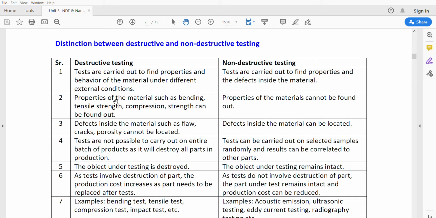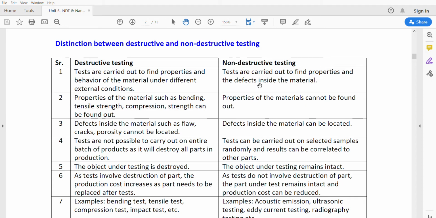The second point is the properties of the material. In destructive testing, properties such as bending, tensile strength, and compression strength can be found out. In non-destructive testing, we cannot find the properties of materials.